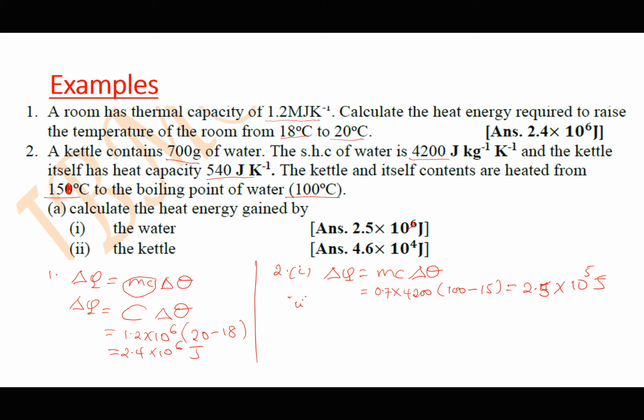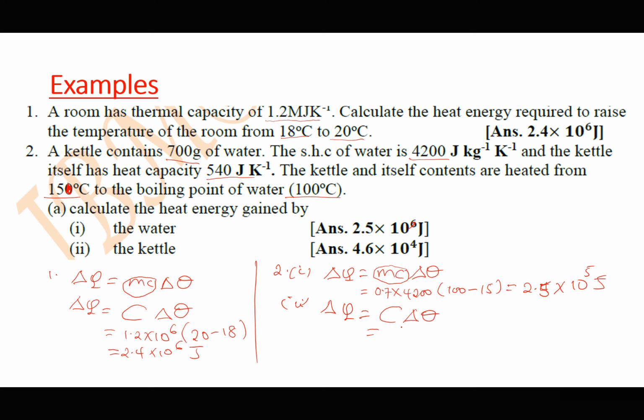Then Roman 2, for the kettle, calculate the heat energy gained by the kettle. So amount of heat gained by the kettle, because we don't have the mass of the kettle, we shall combine this mass times specific capacity into heat capacity times the change in temperature.